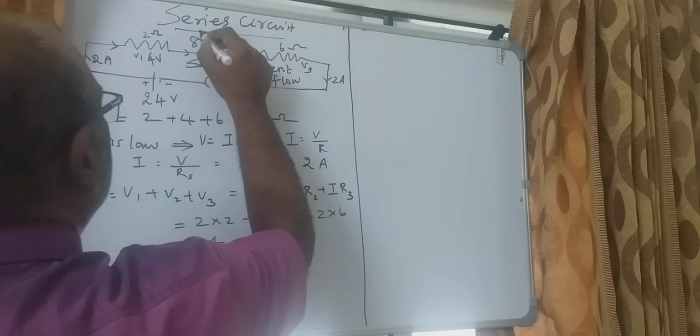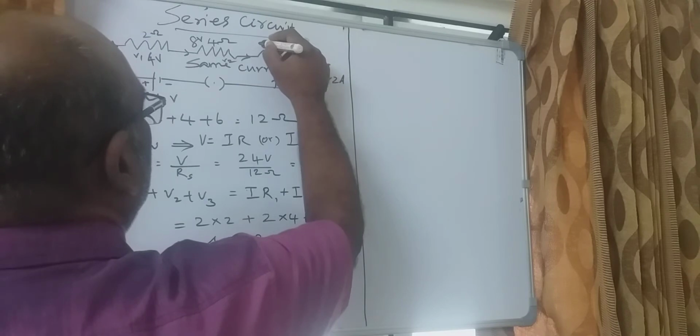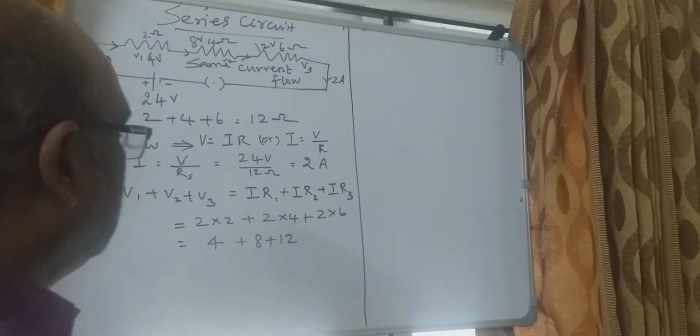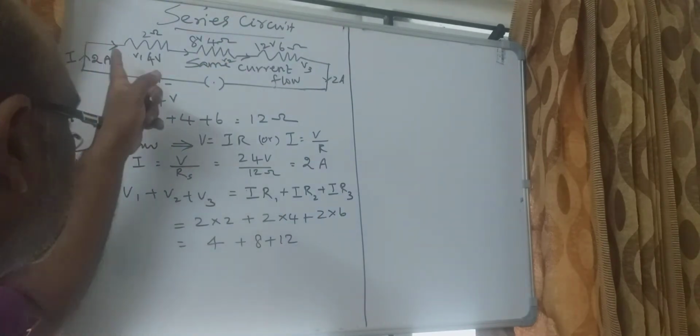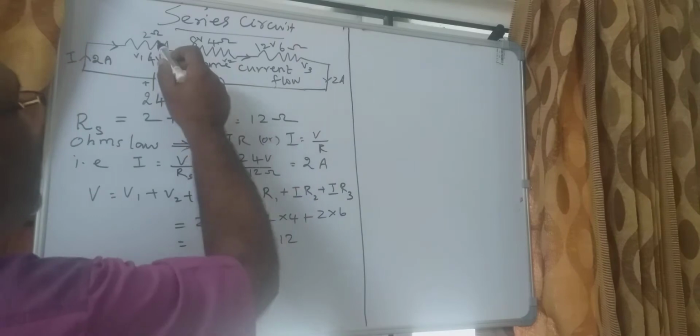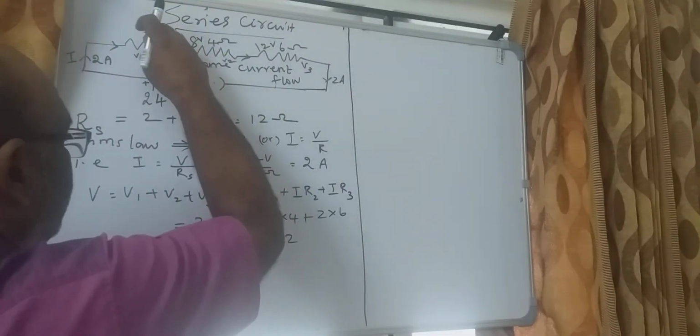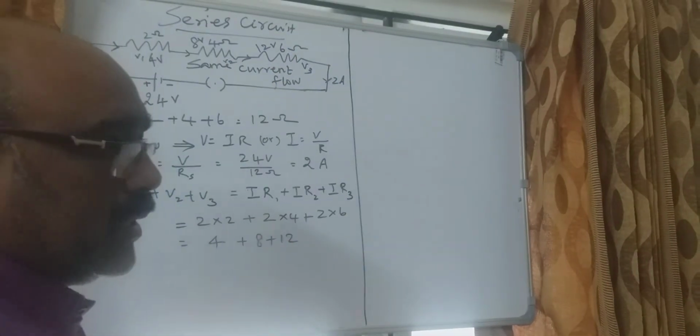So the voltage becomes 4, 4 volt will go out of the 24 here, plus 8, 8 volt will go here, plus 12, 12 volt will go here. See now, out of the 24 volt, the voltage is splitting. The current is the same, whereas the voltage splits. So 4 volt will go here, 8 volt here and 12 volt here.